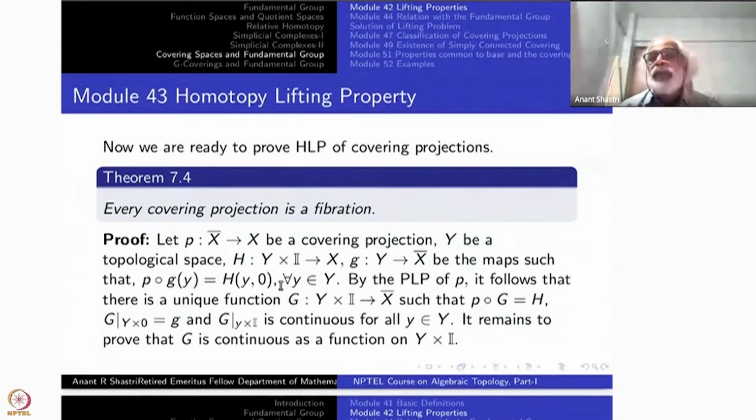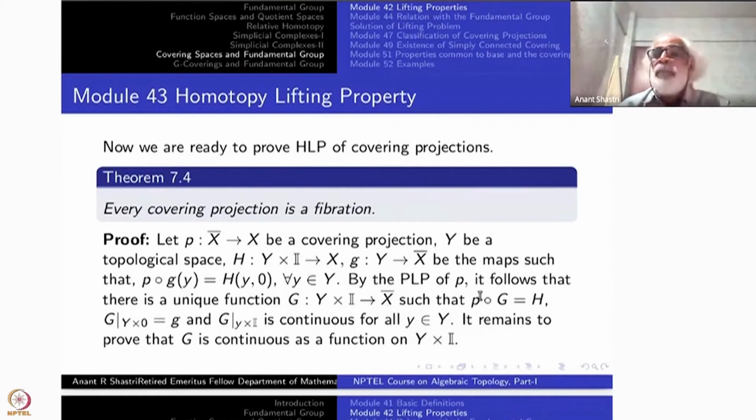This is the homotopy lifting data, if you recall. If we have the homotopy lifting property, what we have to prove is that we must find a continuous function G from Y cross I to X bar such that p composite G is H and G of y, 0 must be this little g. That's what we have to find.